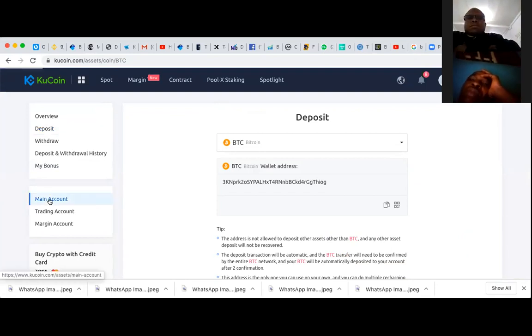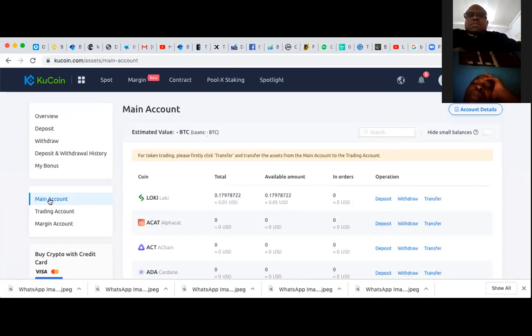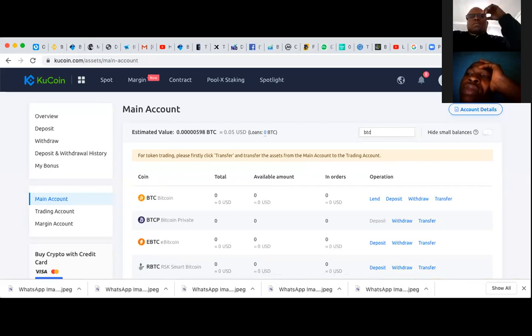Go to main account and, as you go to main account, you now look for BTC. All right, this is BTC. Immediately you search for BTC, see lend, see deposit, see withdraw, see transfer.